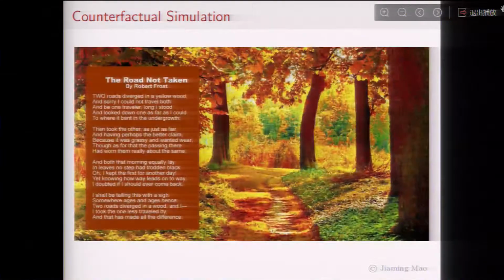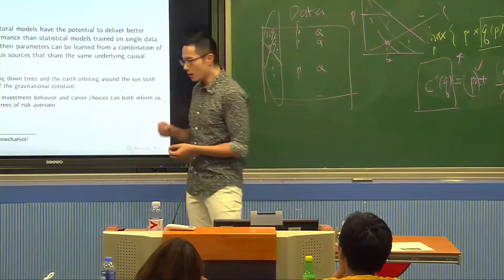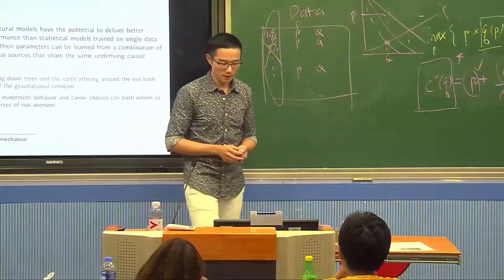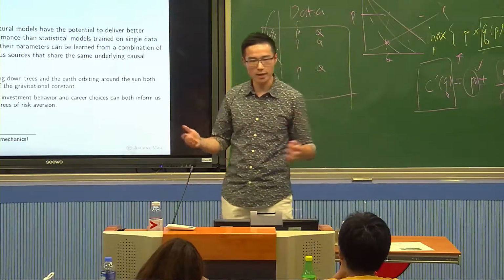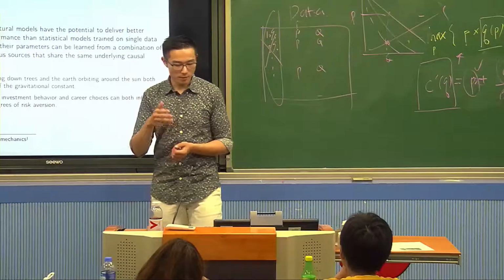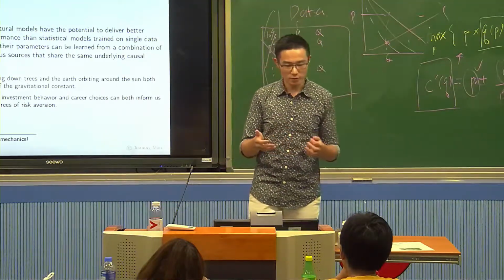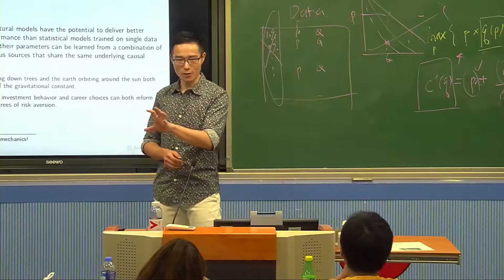And finally, one of the last things about structural estimation is that if our model is really successful, it has the additional benefit of being learned from many heterogeneous, very different kinds of data sets. Remember, when we're not doing structural estimation, the typical reduced form approach is: give you one data set, you run one regression.